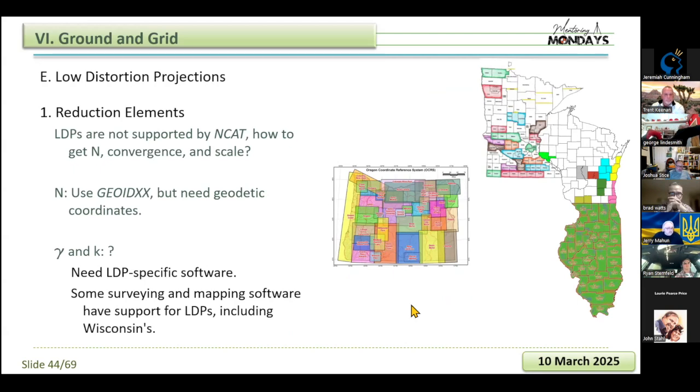One point can mean a whole bunch of different coordinate systems. But those aren't supported by NCAT. So how do you get the information that you need?